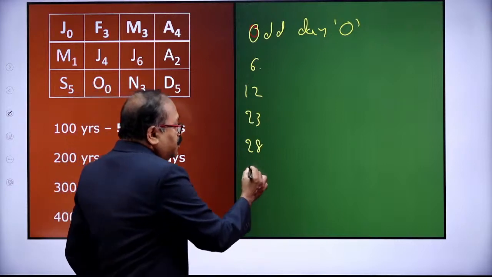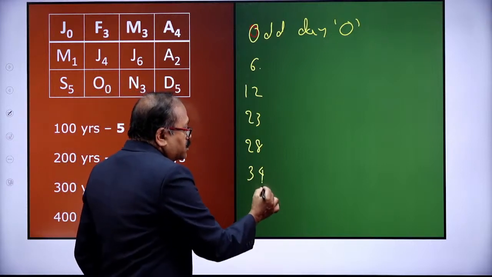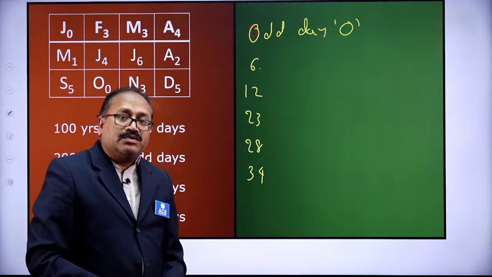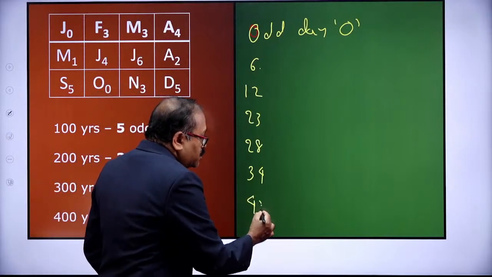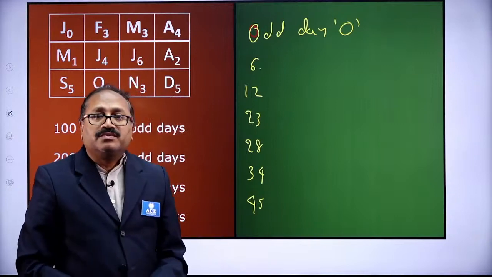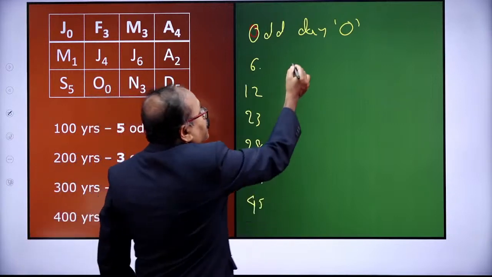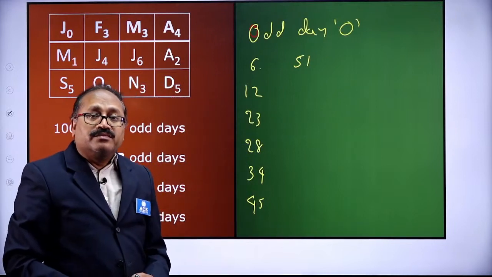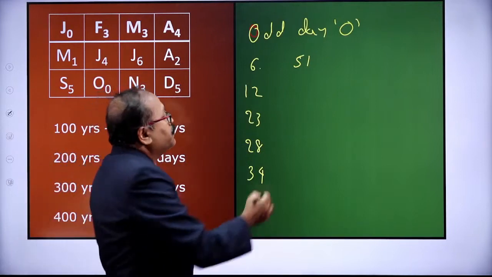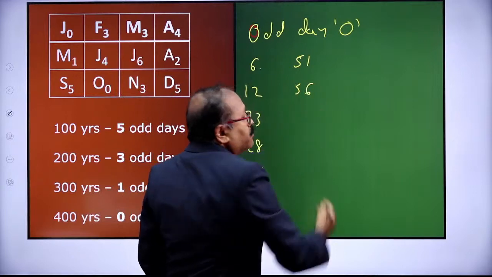Then 34 years, odd day will be 0. Next, 45 years, odd day will be 0. Next, 51 years, odd day will be 0. Next, 56 years, odd day will be 0.